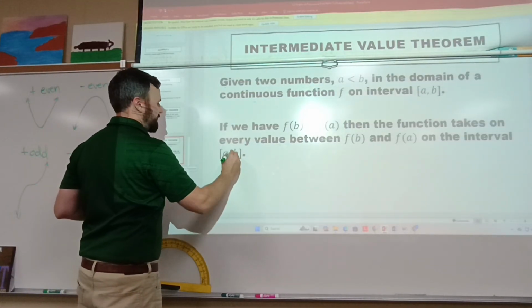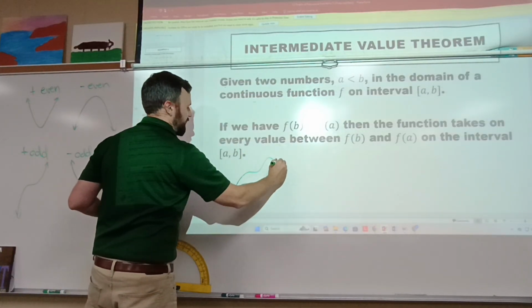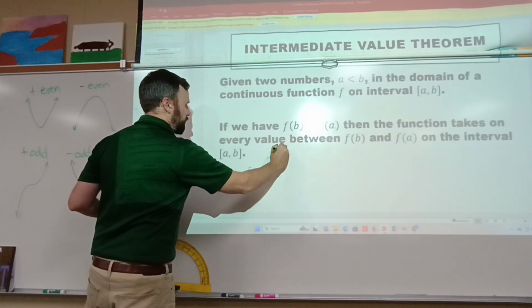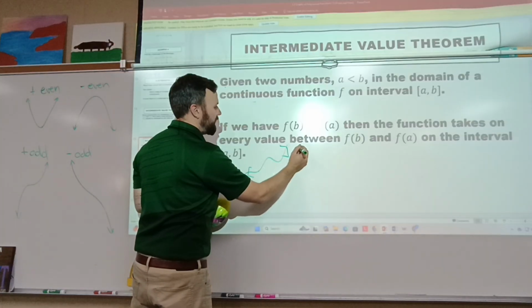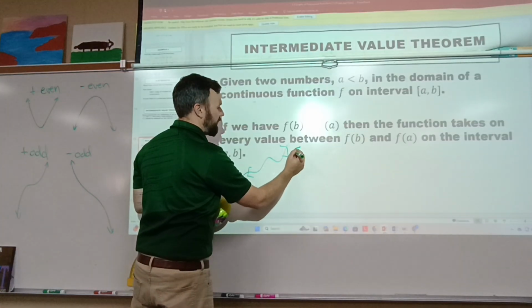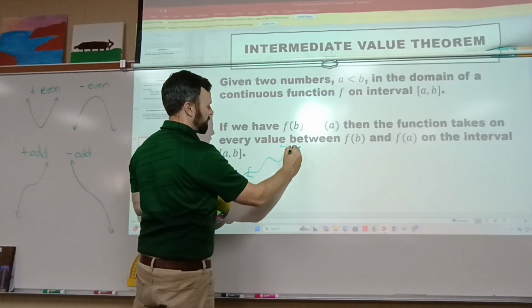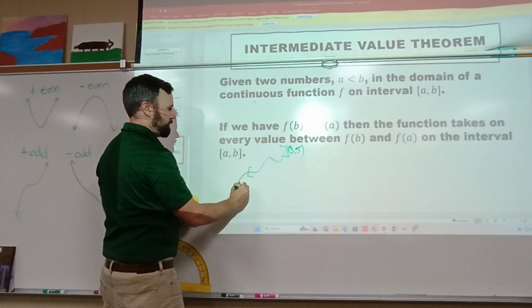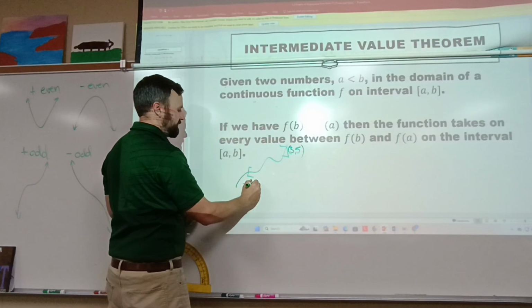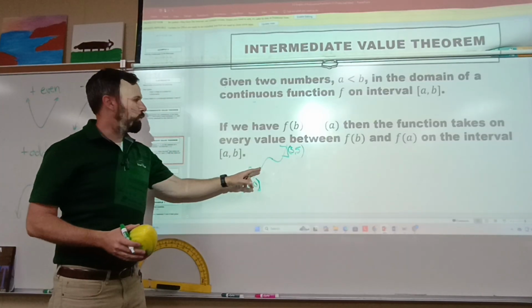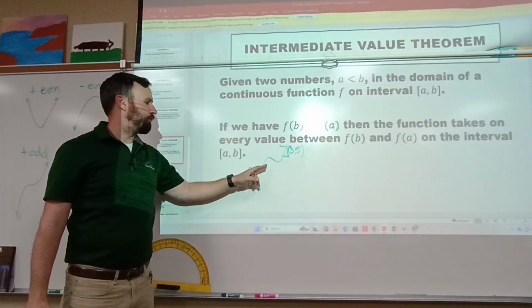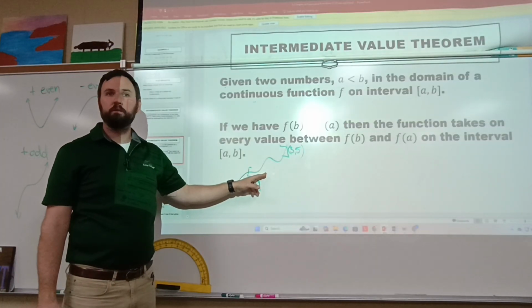What it's basically saying is this. If I have a graph that's continuous between this point and this point, let's say this highest value is 5, my y value is 5. So this could be like the point (3, 5). And this could be the point (-1, 0). What this is saying is, will there be a value between here of y that's 4?